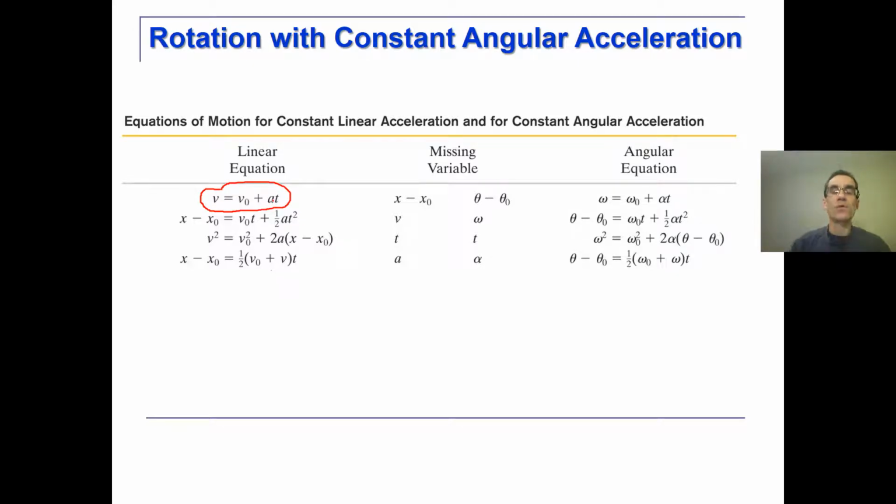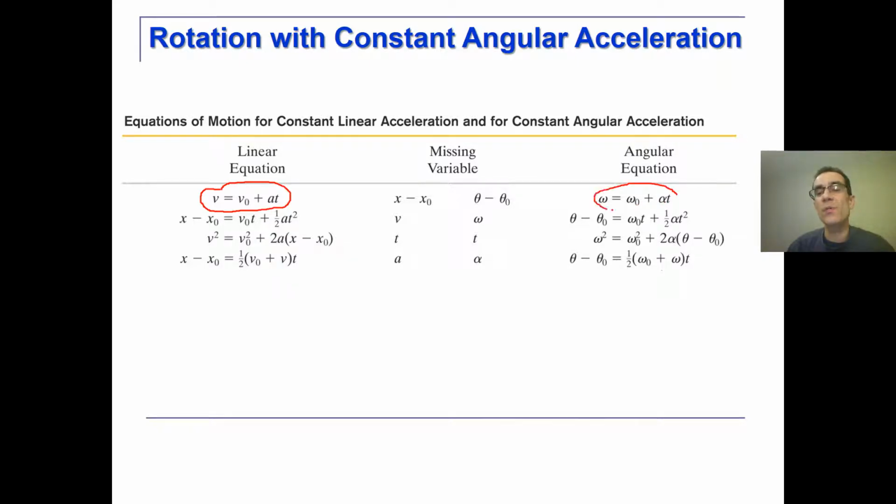If you have a motion with constant acceleration, the velocity increases like this, linearly with time. Well, you can also have an angular motion where the angular velocity will increase linearly with time. And this is going to happen in this case when the angular acceleration is constant.